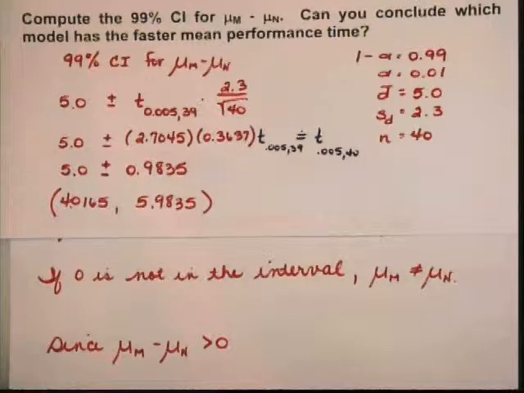A low score is a good score, isn't it? High scores aren't always the best thing. Here, a low score is a good score. So which one is faster? Nissan.